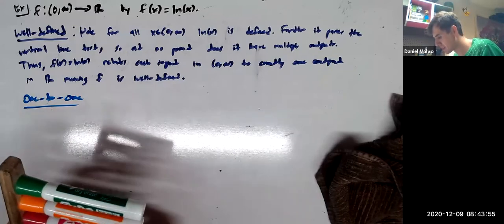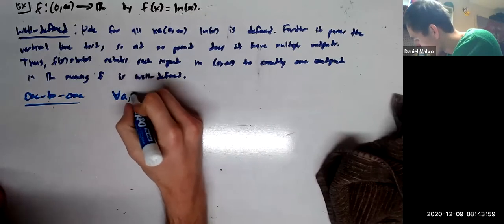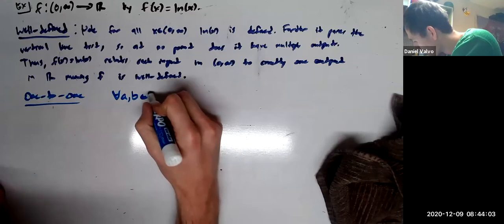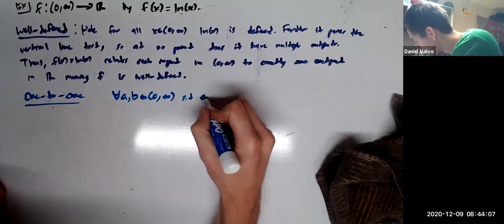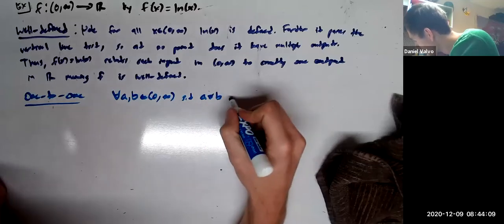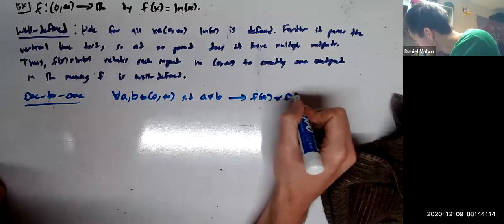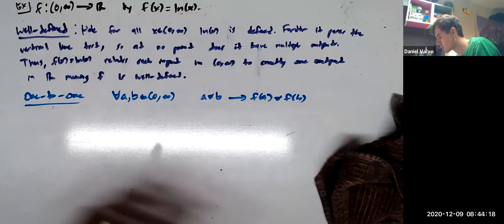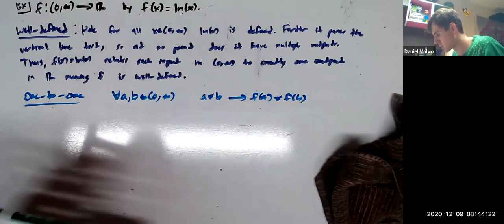What that really means is for all A and B in our domain such that A does not equal B, that implies f of A does not equal f of B. So really, it's a simplification, saying that for all A and B, actually I'll do this correctly.